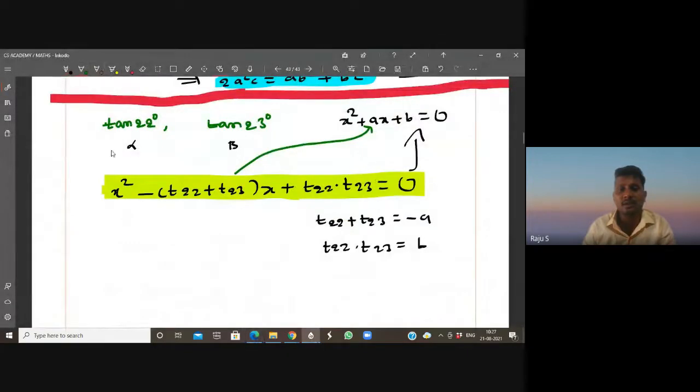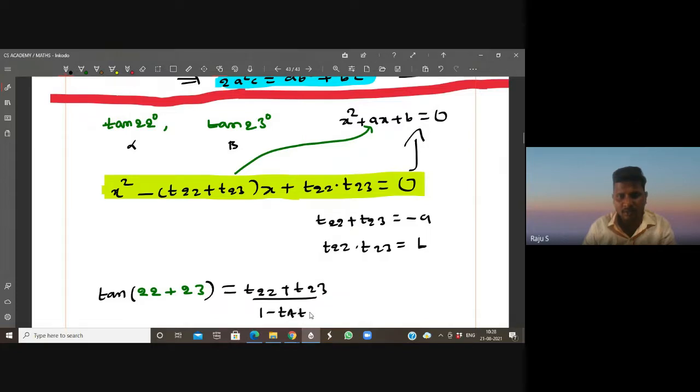So since we know that 22 plus 23 is 45, take tan. So it is tan (a plus b) which is tan a plus tan b by 1 minus tan a tan b, that is tan 22 into tan 23. Since we know that tan 22 plus tan 23 is minus a, and the product is b, this is minus a by 1 minus b.